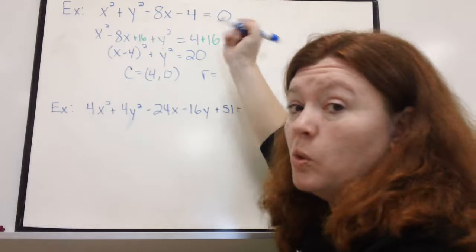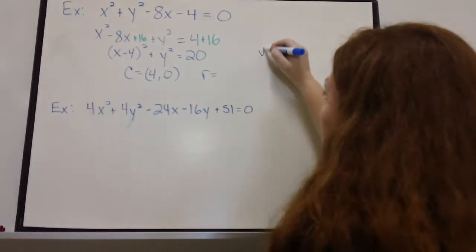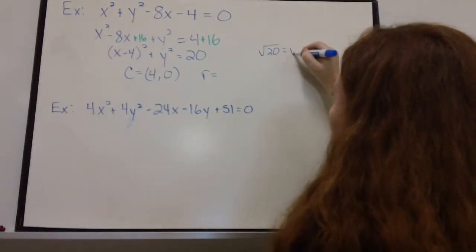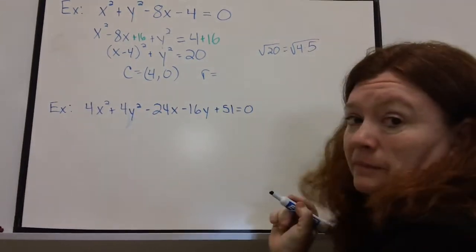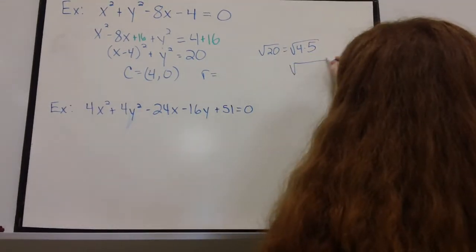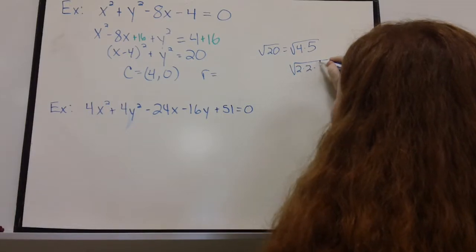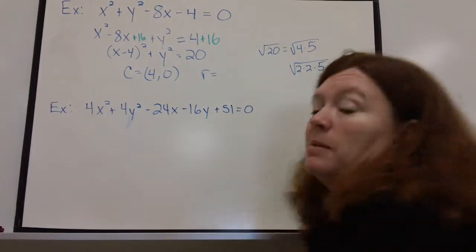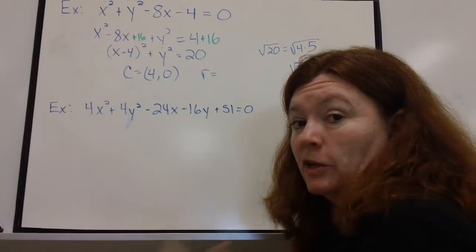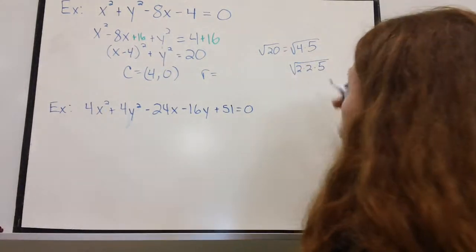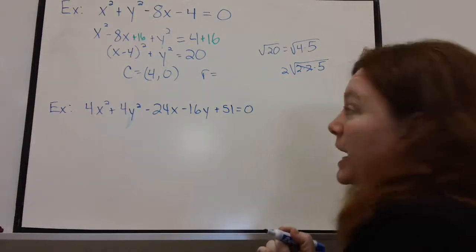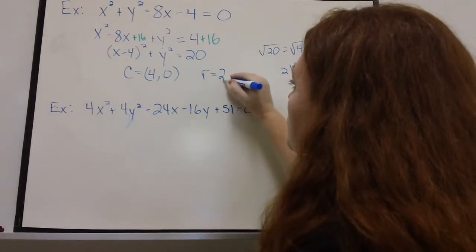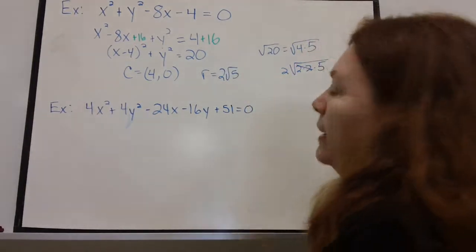The square root of 20, if you need a little help off to the side, 20 is 5 times 4, and 4 is, if you want to see the whole thing, 2 times 2 times 5. Remember, when you're taking a square root, you're looking for 2 of a kind. I see a pair of 2's, so I'm going to cross them off and write it once on the outside, and that gives me a radius of 2 square roots of 5.